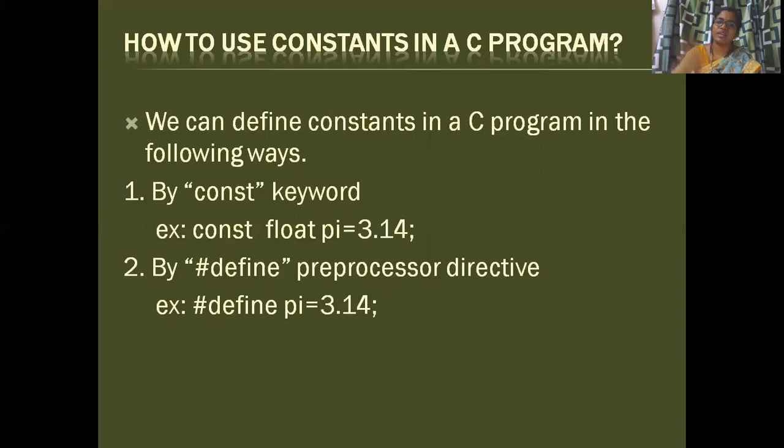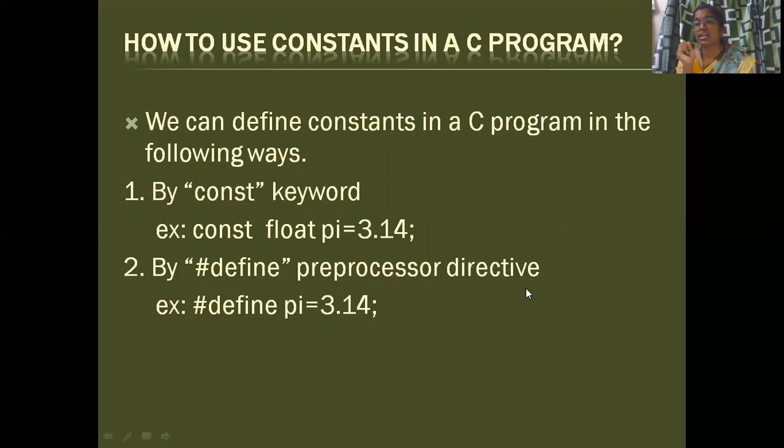You can declare like this: const float pi = 3.14. So this pi is a constant of type float. To indicate this variable as a constant, we write the data type float and give the keyword const.